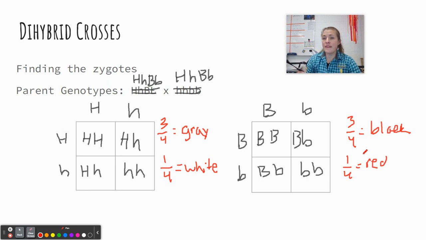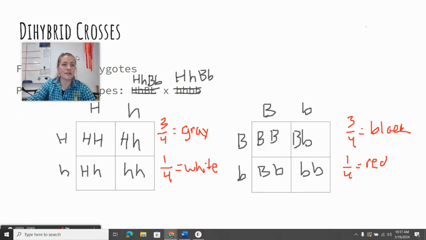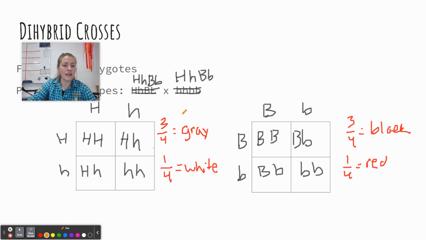So now with this, I have all different possibilities of bunny offsprings. I can have a gray rabbit with black eyes, a gray rabbit with red eyes. I can have a white rabbit with black eyes and a white rabbit with red eyes. So the way that I am going to do this, move my little self over here, is if I do my first one, so I want to find the chance of gray with black eyes.